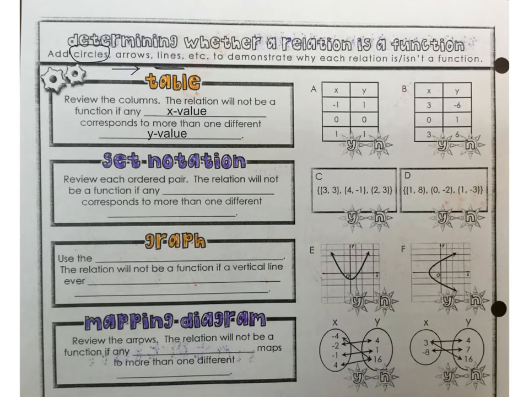Try A and B on your own. If we are looking at set notation, you are going to review each ordered pair. The relation will not be a function if any x coordinate corresponds to more than one different y coordinate. So take a look at sets C and D on the right and choose yes or no for is it a function.